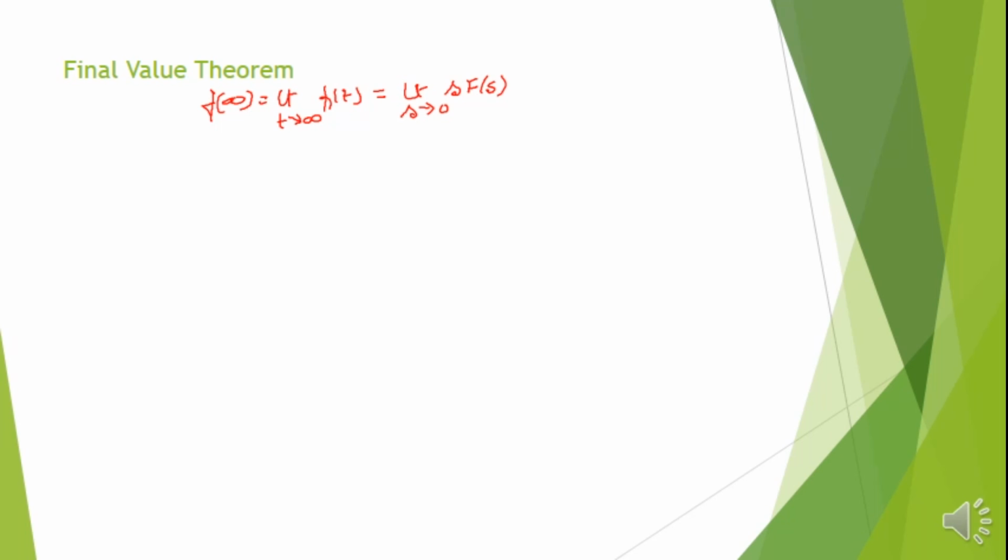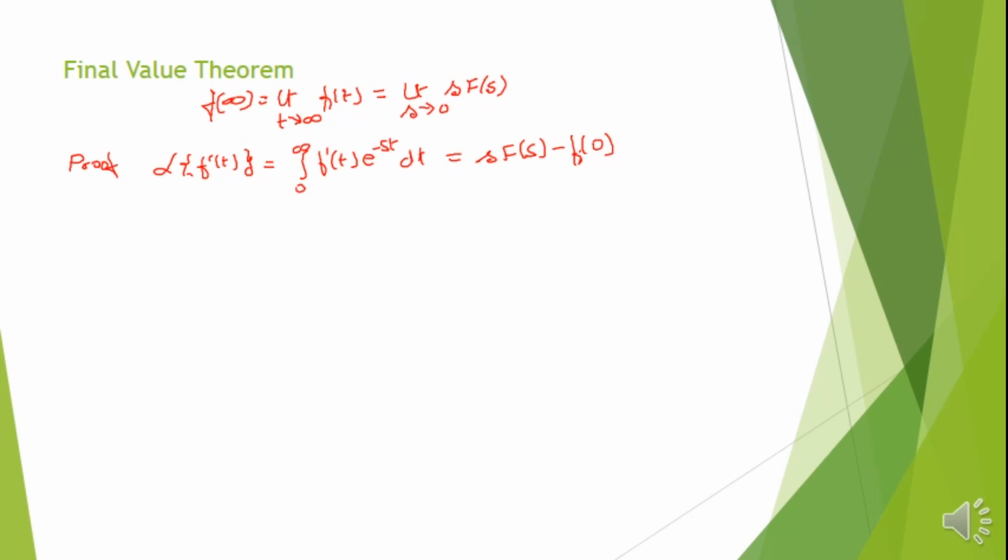So proof. In the similar fashion, Laplace transform of f dash of t, based on the formula, is integral 0 to infinity f dash of t e to the power minus st dt, and according to the formula, s F of s minus f of 0.